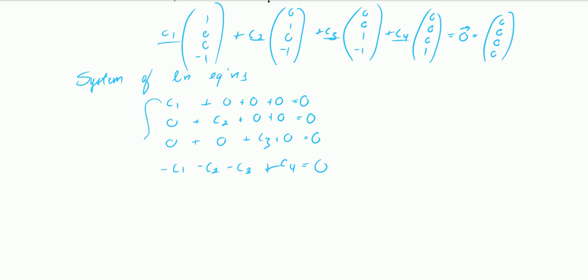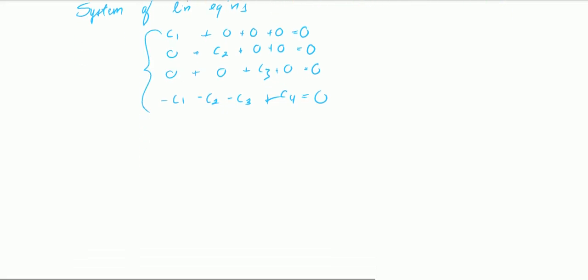This is my system of linear equations, and already you can tell that C1 is 0, C2 is 0, and C3 is 0.